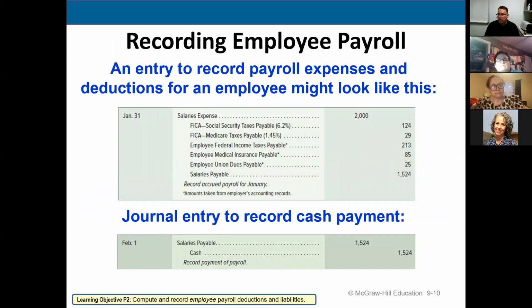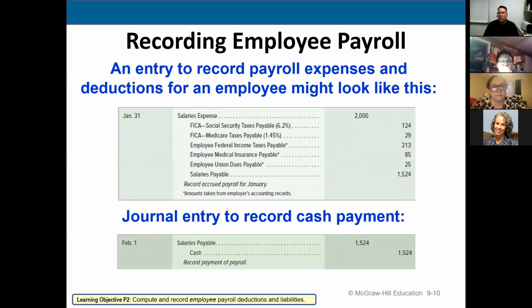We would debit salary expense, the whole amount that we owe the employee, and then we would credit payable accounts for all of these withholdings. You can see Social Security, Medicare, federal income taxes, medical insurance, union dues, and then finally the difference between the salary expense and all of these withholdings is going to be our salaries payable.